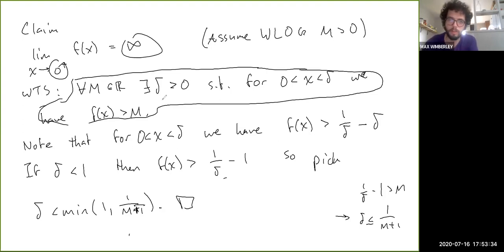When we were looking at x approaching 0, remember the expression for f of x is like 1 over x minus x. This term, x, becomes irrelevant as x approaches 0.